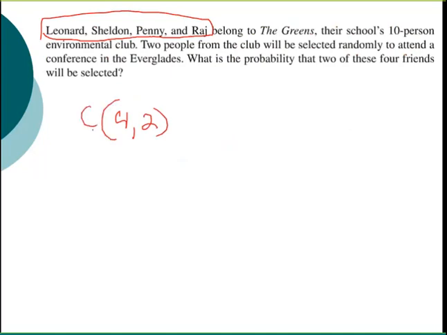We don't care what order, so it's a combination. Divided by the combination of the 10 people, where 2 people from the club will be selected randomly, so we have 2 people total. So out of the overall ways that you can group 2 from the whole club, how many ways can you group these 2?